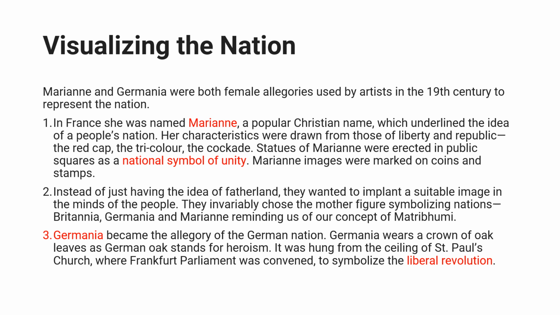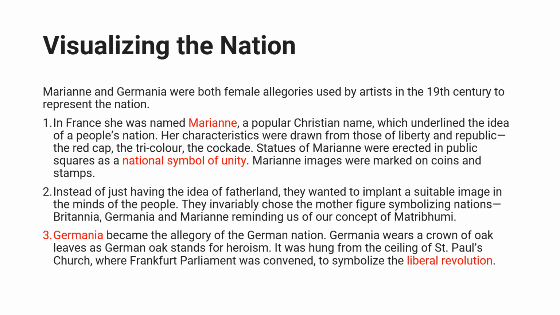Statues of Marianne were erected in public squares as a national symbol of unity. Marianne images were marked on coins and stamps. Instead of just having the idea of a fatherland, they wanted to implant a suitable image in the minds of the people. They invariably chose the mother figure to symbolize nations: Britannia, Germania, and Marianne.